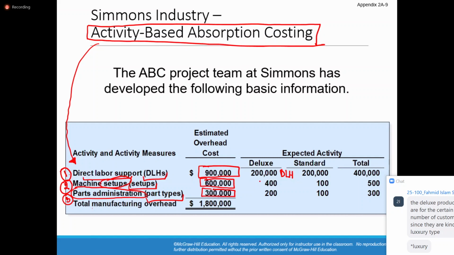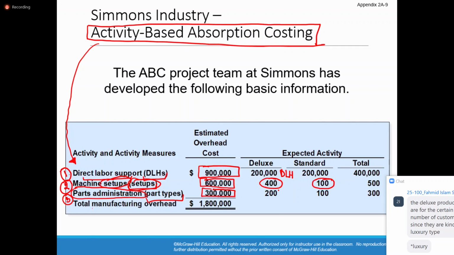But you see, for setting up machine, the activity is dependent on the setup. How many setups will be required? We see that for deluxe, we need 400 times setup. For a standard, we need 100 times setup.